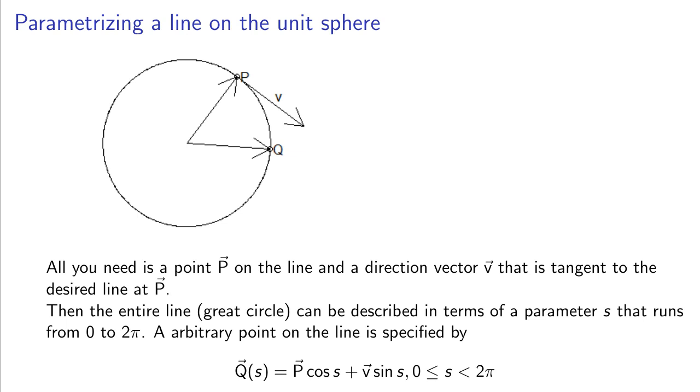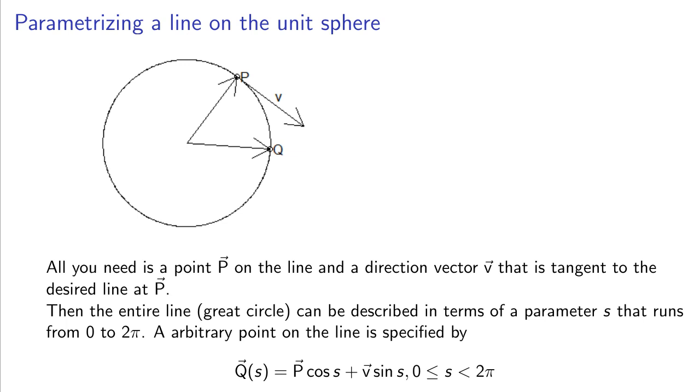Now, remember how we successfully parametrized a circle in the plane. This is also going to work in exactly the same way for a line of spherical geometry. So the circle in this diagram can be thought of as a great circle anywhere on the Earth. And we have a point P, a position vector that goes from the center of the Earth out to P. That has unit length because we're thinking of a unit sphere.